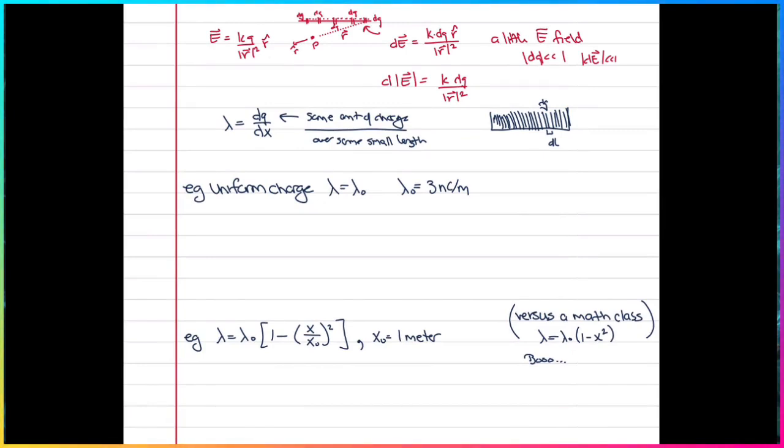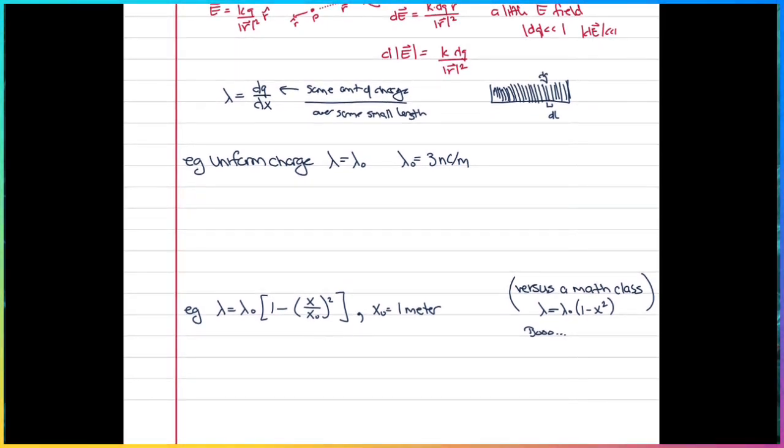Let's see. So just to give some quick numerical examples, if you had a uniform charge, where I said lambda is lambda naught, where lambda naught is 3 nanocoulombs per meter, then that's saying that if I had a rod that was 1 meter long, so 0 to 1, and I were to break the rod into an absurdly small number of buckets, 10 to the 12 buckets or something like that, then there'd be a little bit of charge in each bucket, over a small little bit of length.